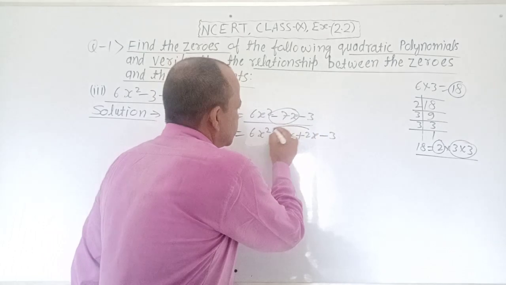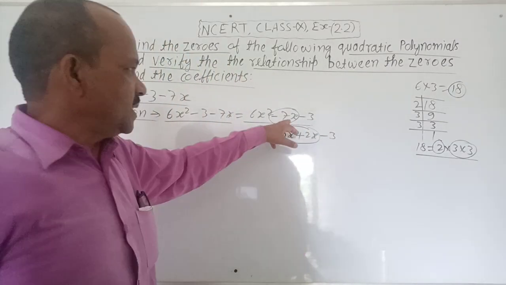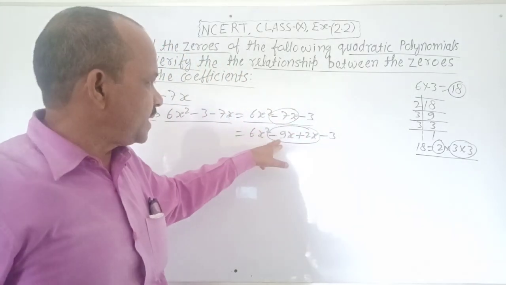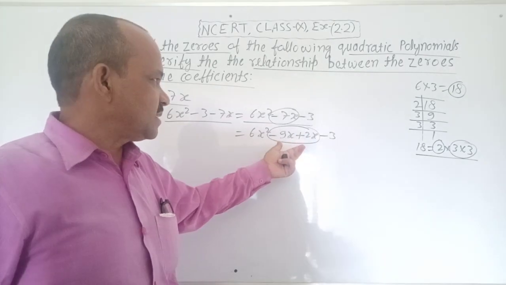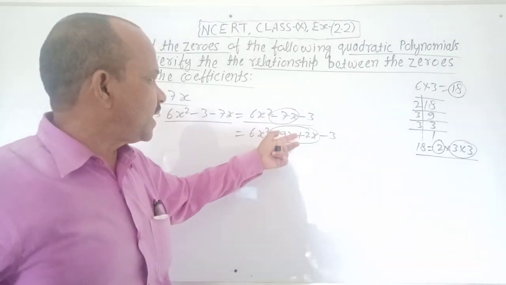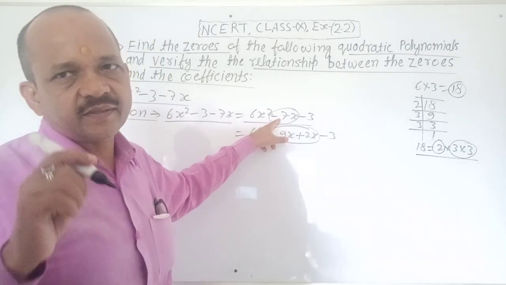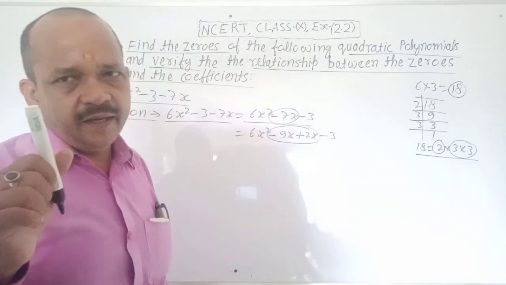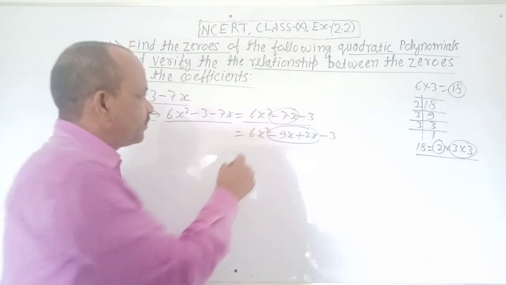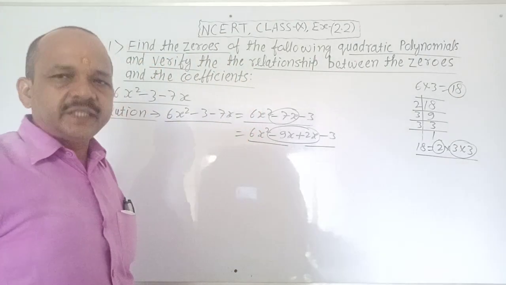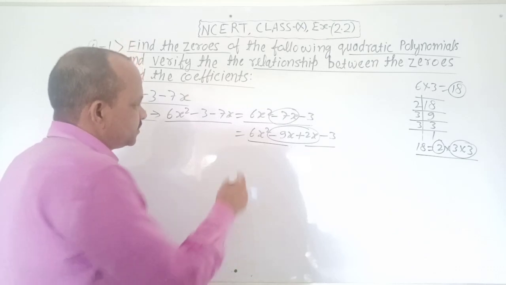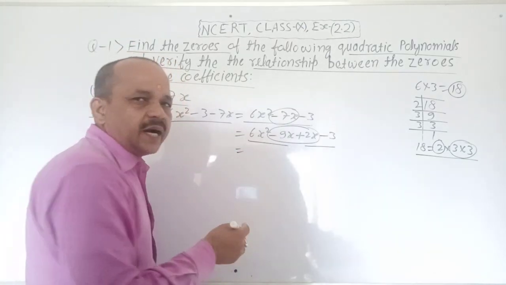You split -7x, you find -9x plus 2x. If you solve -9x plus 2x, then you can find -7x. It means it is correct. Clear? Now you make two pairs, first pair and second pair. Take common. Here you can take common in the first pair.